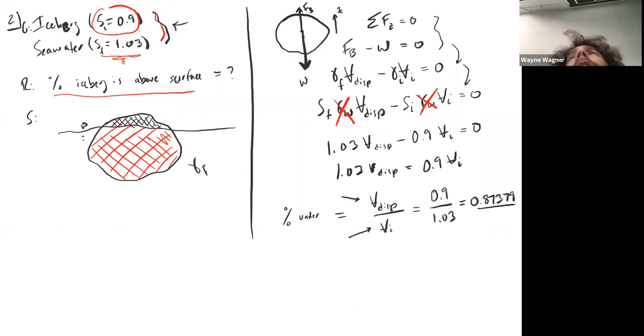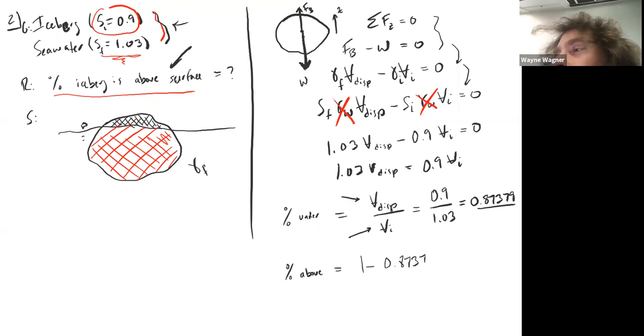And that tells us exactly what we want. We want the percent that is above water. So the percent above equals 1 minus the percent that's under, 1 minus 0.87379.